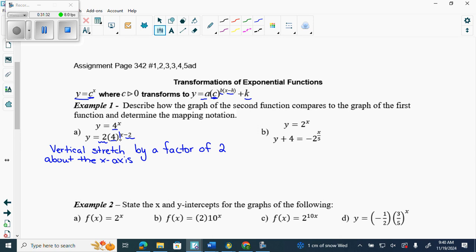Are there any reflections? Nope. What is there still? Horizontal translation, 2 units. What? When we go to our mapping, we get (x, y) becomes (x + 2, 2y).